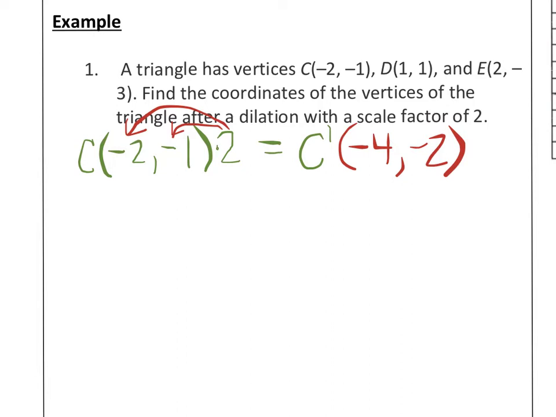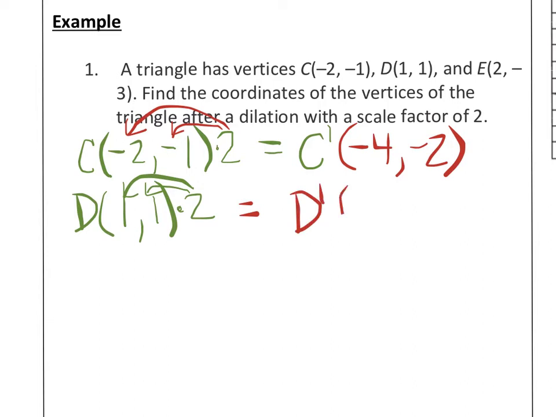Then we're going to do that also with D. So I've got 1, 1, and I'm going to multiply it by the scale factor, which is 2. So I'll multiply 2 times 1, and then 2 times 1 again. So my new D coordinate, D prime, is 2, 2. Then on the third one, E, the original coordinate was 2, -3.